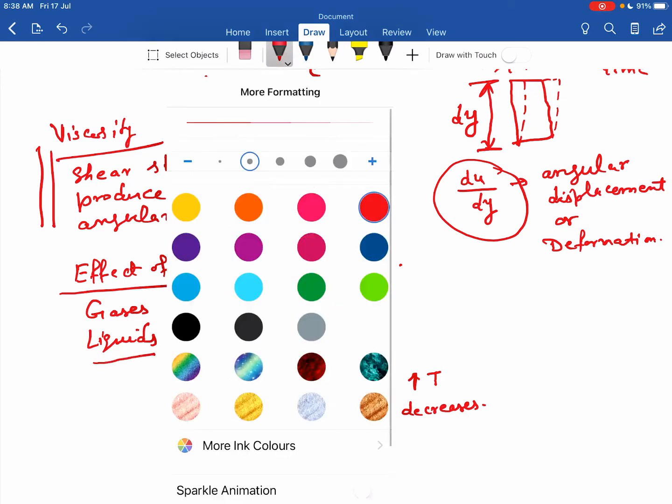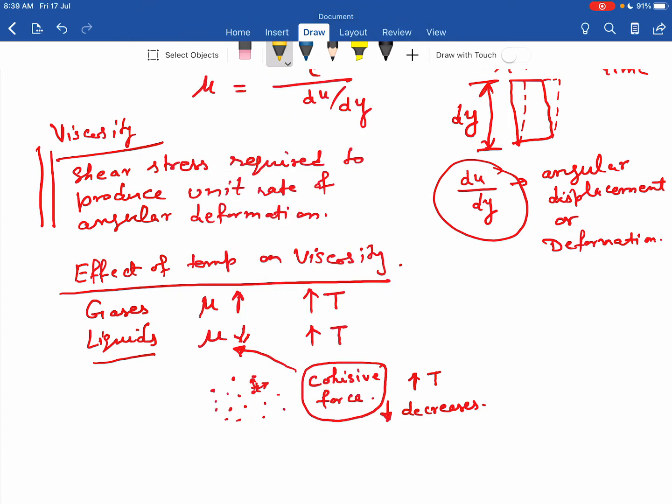Now in the case of gases, there is no concept of cohesive force. There is a large distance between the molecules of a gas. So when we increase the temperature of a gas, what happens? The momentum of the molecules of that gas also increases.